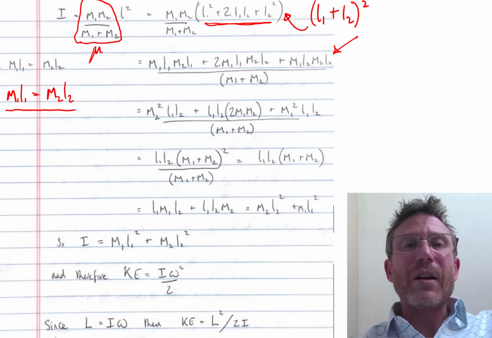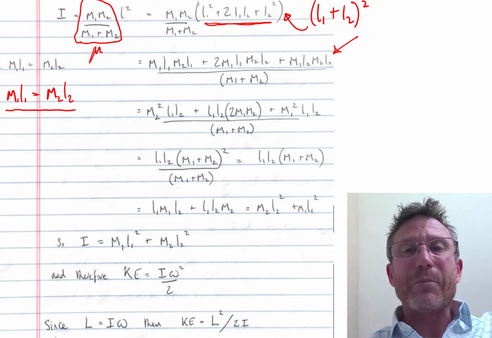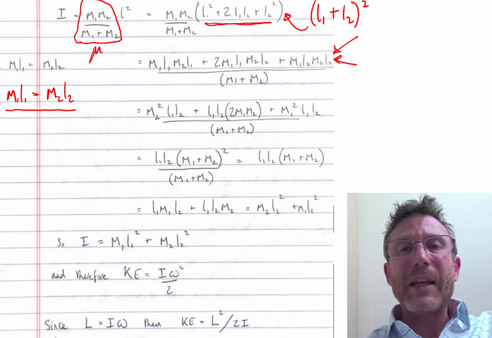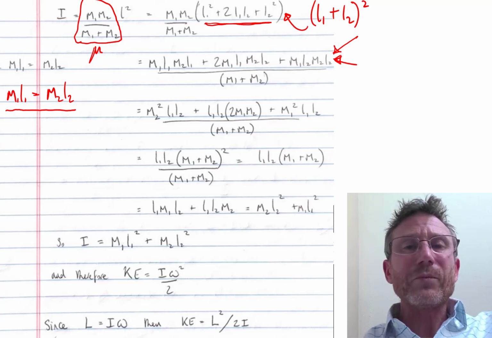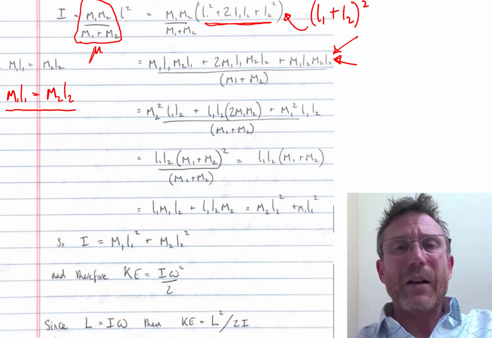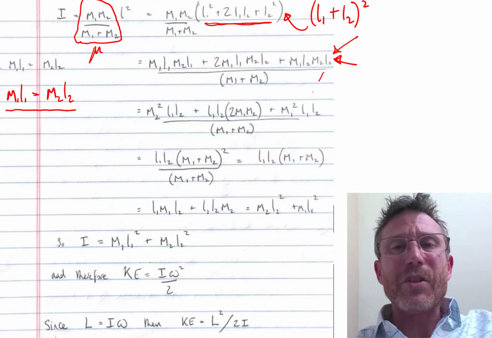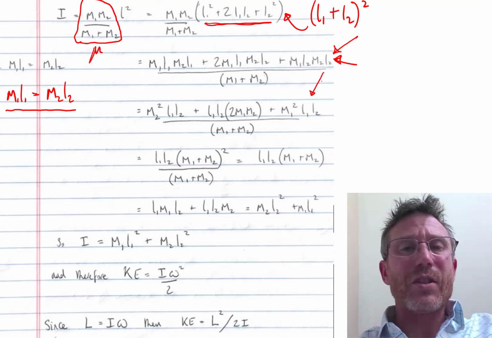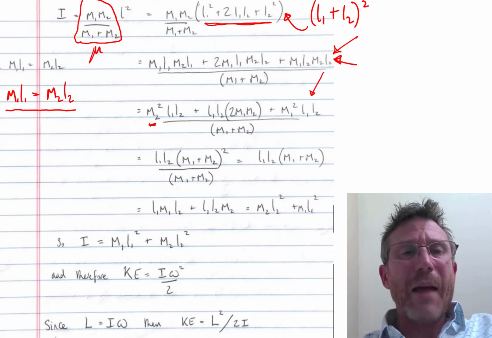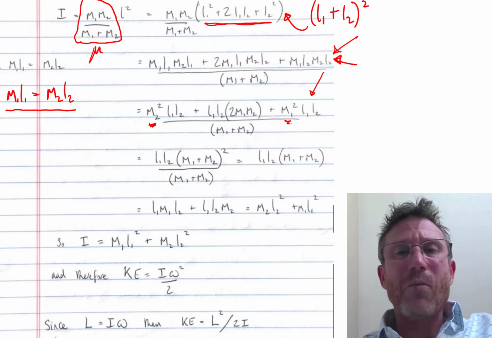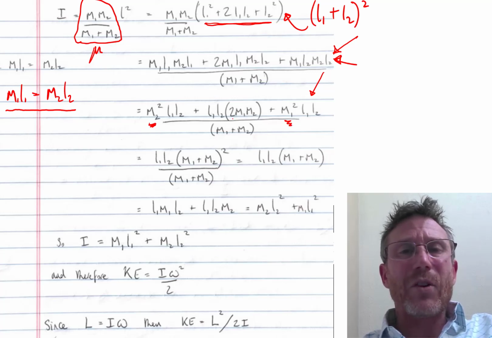So after expanding the bracket in here, what I now do is collect some terms together. You can go through this yourselves, but basically I need to get an M2 squared in here and an M1 squared in here, and then in the middle I've got this M1 M2 term.